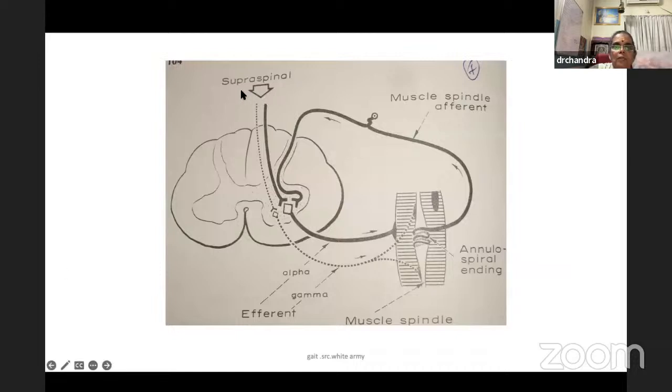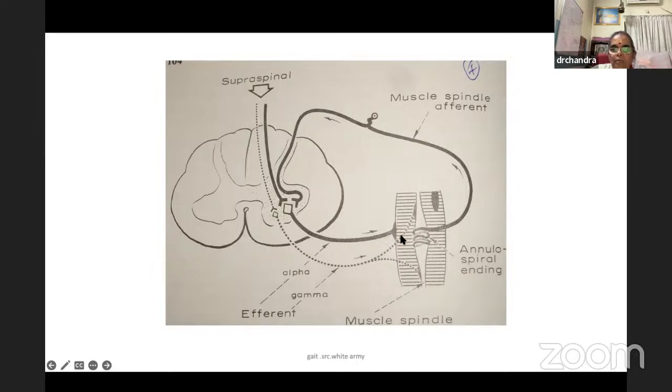So these are the supraspinal mechanisms which act on the gamma motor neuron, and the gamma motor neuron in turn supplies the intrafusal fiber. That is the gamma motor system which maintains the sensitivity of the muscle spindle. So as I told, when the movement is willed, gamma is stretched. When the person is mechanically pulled, the alpha is stretched, and there is a co-activation of alpha and gamma.